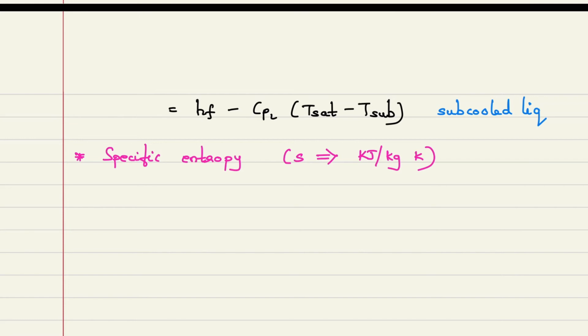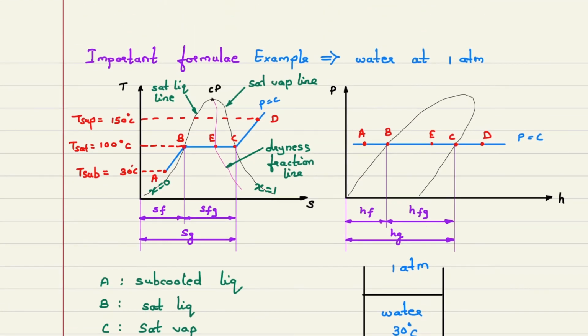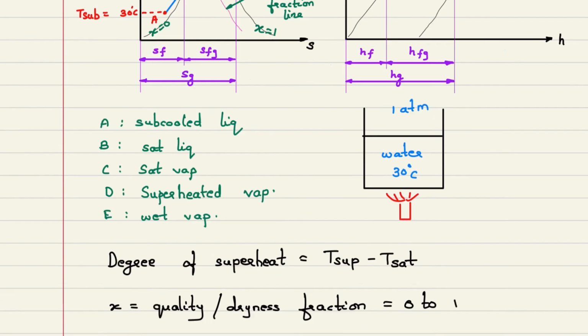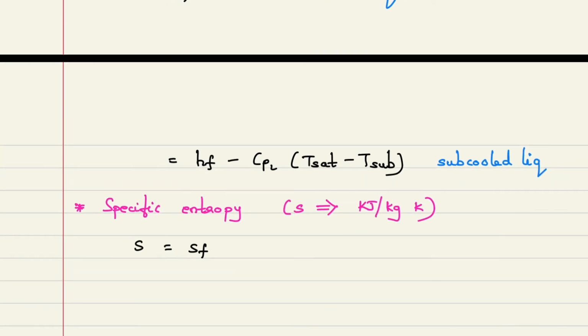Now again we have to write down the formulas for entropy. Since we are writing entropy, we will see the TS diagram. The entropy of point B, which is on the saturated line, will be Sf. So S is equal to Sf for saturated liquid.